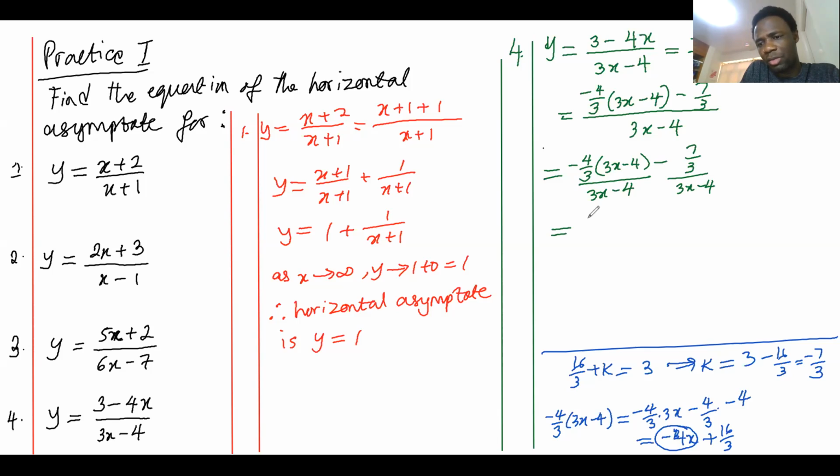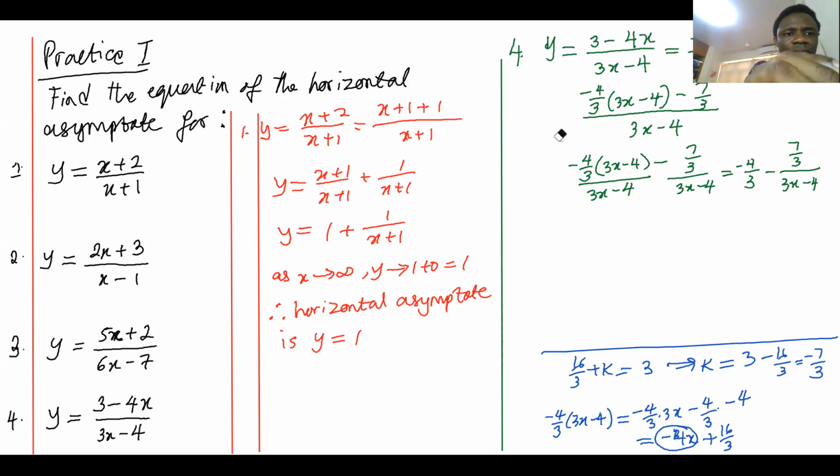So this is simply that. If there is space here, you can write it. So this is negative 4 over 3, then this minus is going to be in the middle. I have my 3x minus 4, then I have my 7 over 3. Now all this is y. If you have your equality, you don't have to write your y in each step. Okay, we understand that.